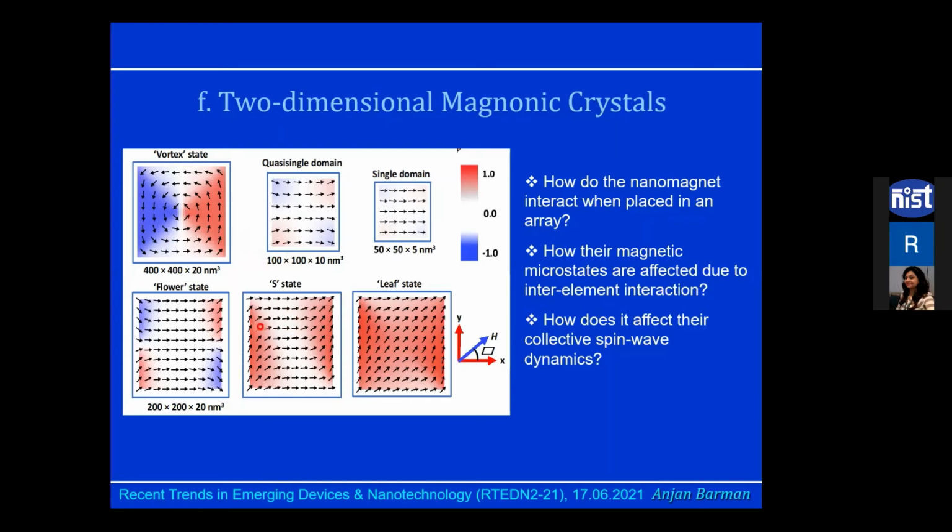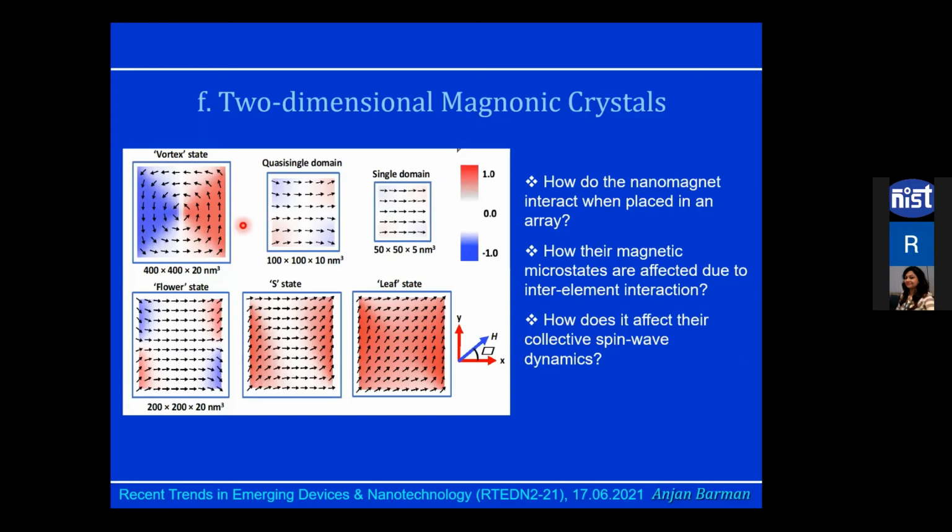Like in a magnetic dot, for example, if you reduce the size, you can get different kinds of domain structure. I showed you already. You can have flower state, S state, leaf state, single domain state, vortex state, and so on. And all of them have different kinds of frequency, internal field, and interaction field.